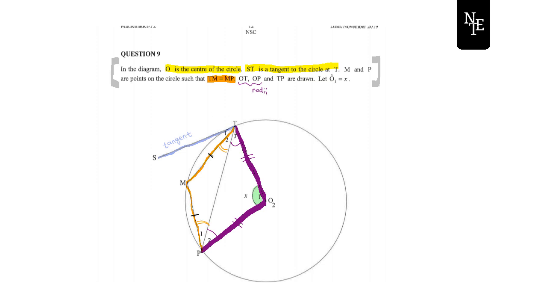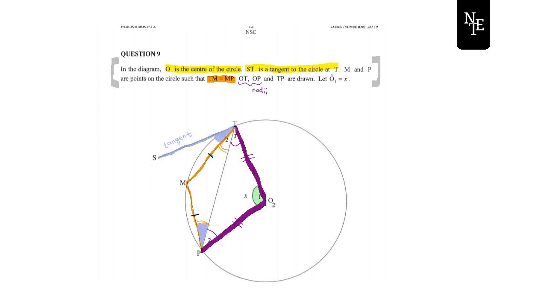Notice which chord it touches: the chord MT. You travel from the chord MT to the circumference, and you see that it subtends the angle P1. So angle P1 is equal to angle T1.